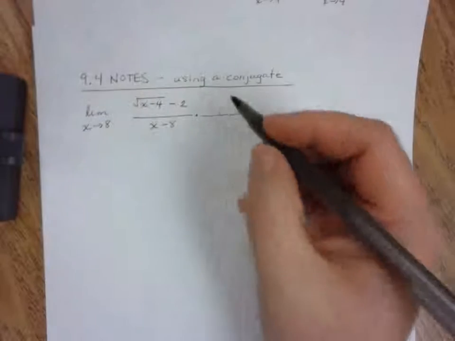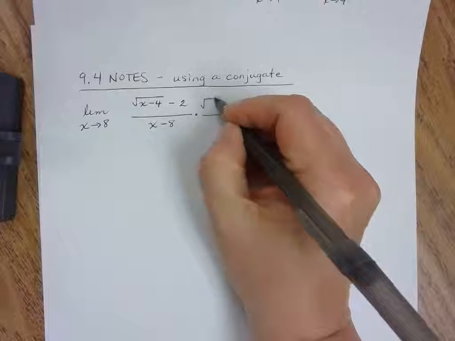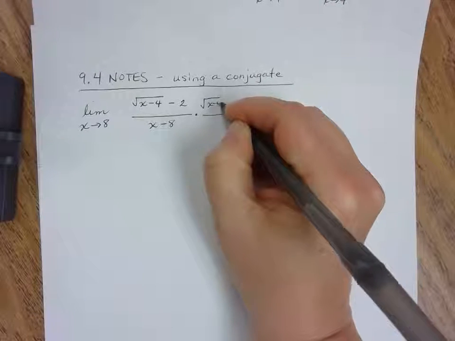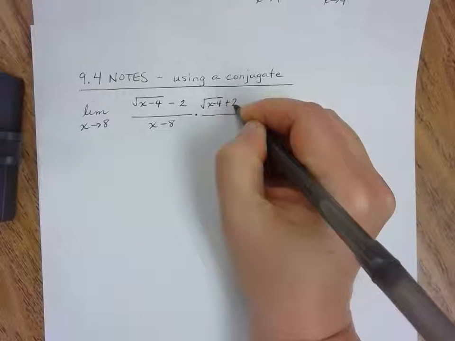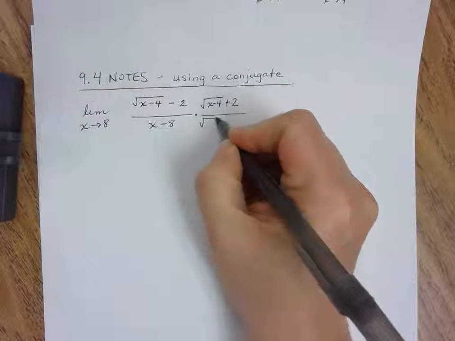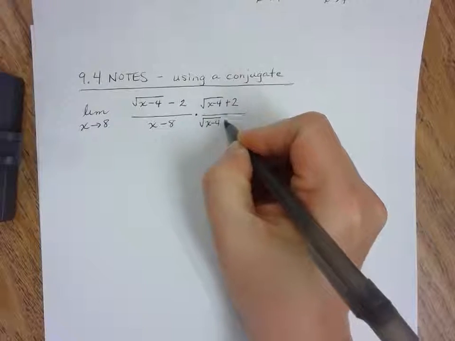So the conjugate I'm going to use is the square root of x minus 4 plus 2, in the numerator and denominator.